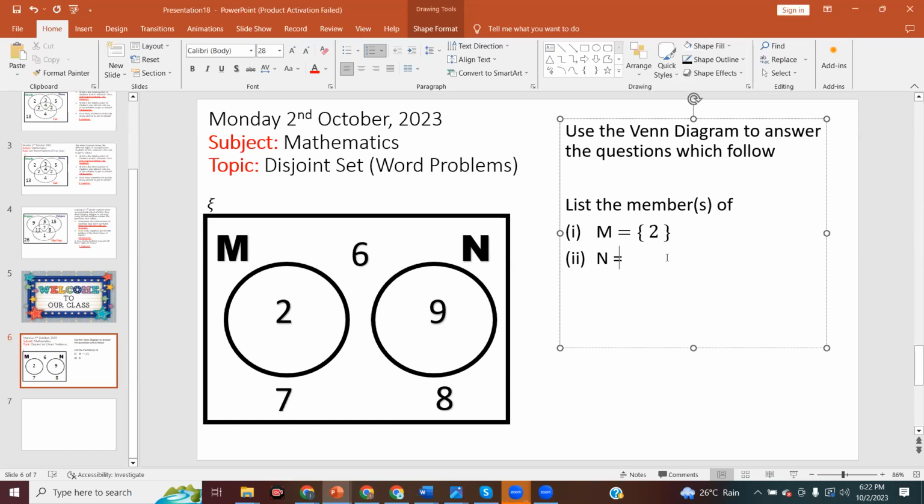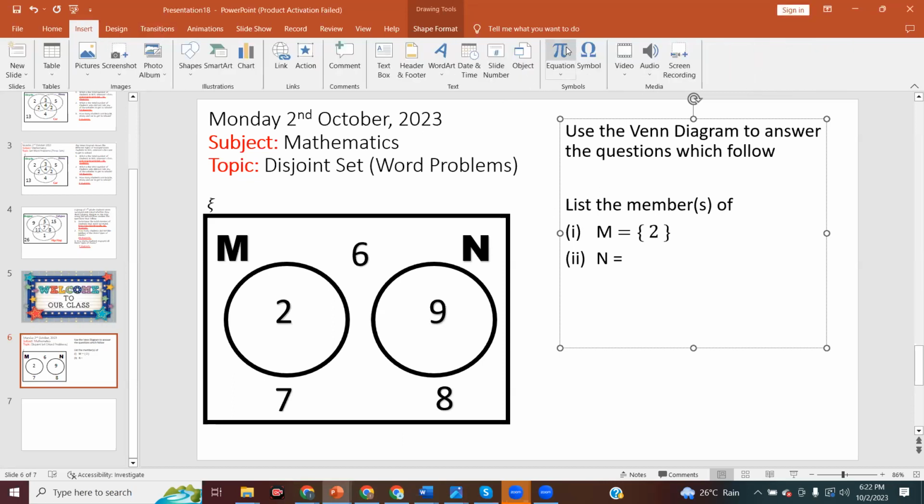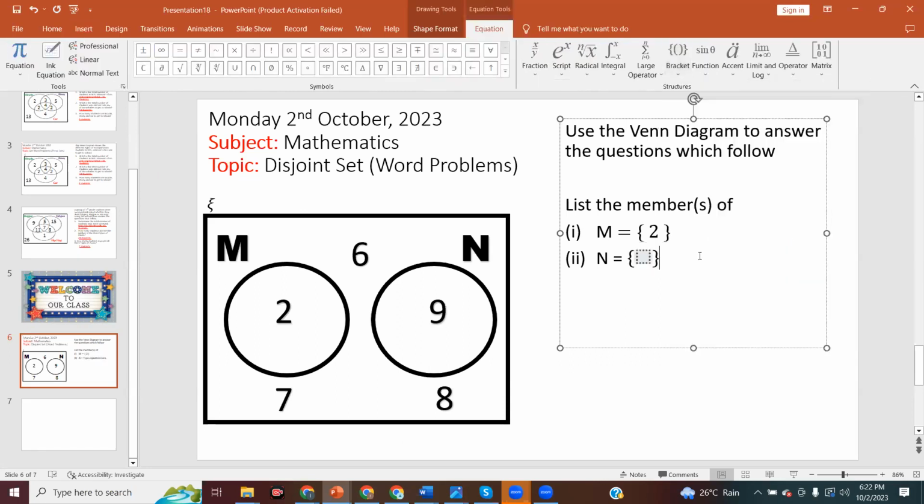Very good. The answer is going to be equal to curly brackets 9. So N is also a singleton set. Set N is the set that contains the single element 9. All right, good. How many persons got that right?